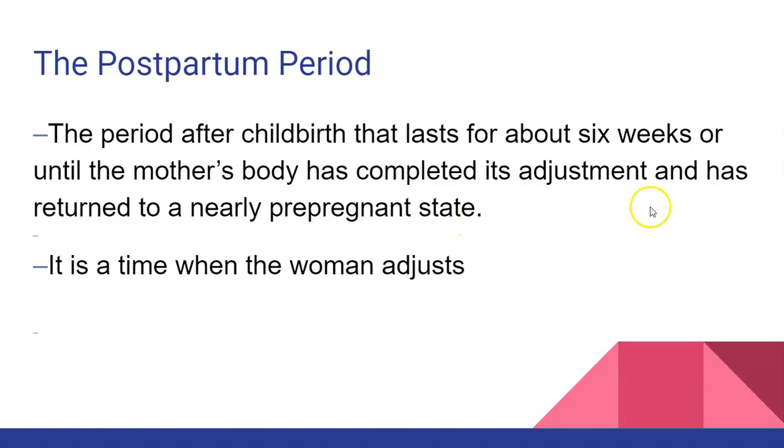So the postpartum period is really a time for adjustment. Not only does childbearing take a toll on the physical body of the mother, but it also takes a toll on the mother psychologically. So this postpartum period is the time where a mother adjusts.